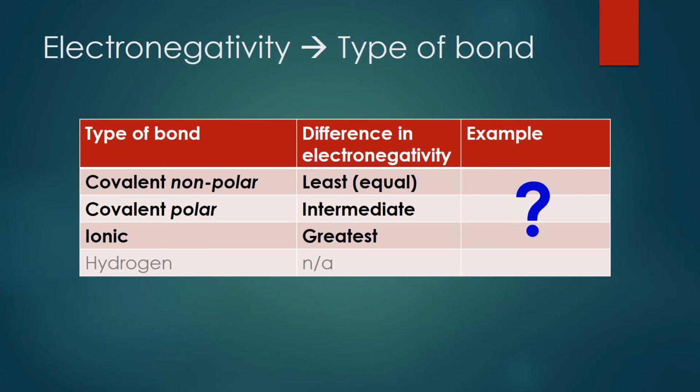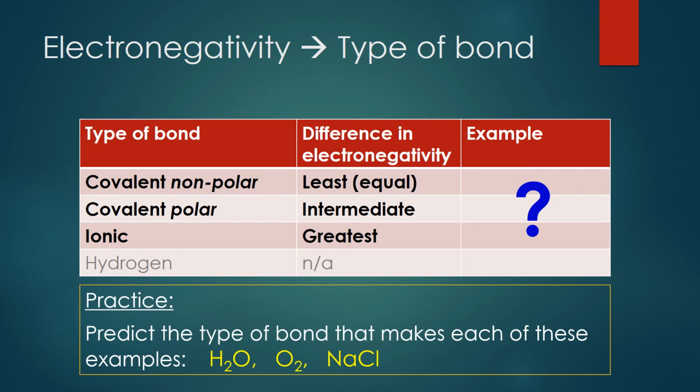The type of covalent or ionic bond that is created during a chemical bonding interaction is determined by the difference in electronegativity that exists between the 2 atoms involved. So covalent nonpolar bonds have the least difference in electronegativity between atoms, or they could be an atom bonded to itself, so they have identical or equal electronegativity values.